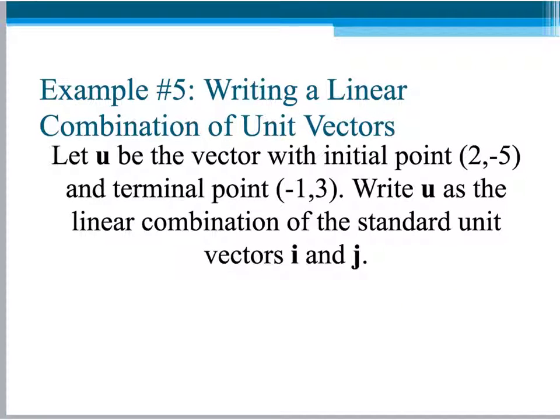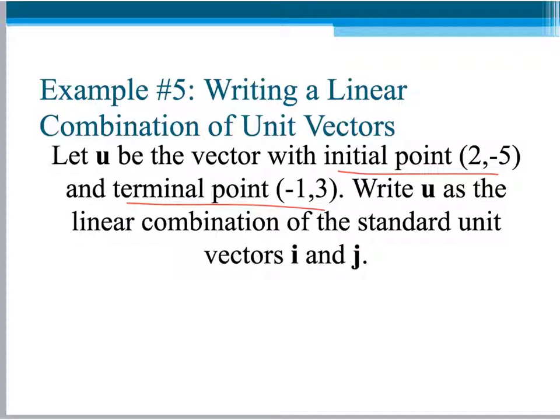All right, so in example 5, writing a linear combination of unit vectors. Let u be the vector with initial point 2, -5 and terminal point -1, 3. Write u as a linear combination of the standard unit vectors i and j. The first thing we want to do is write our component form of our vector. Right now we just have an initial point and a terminal point.